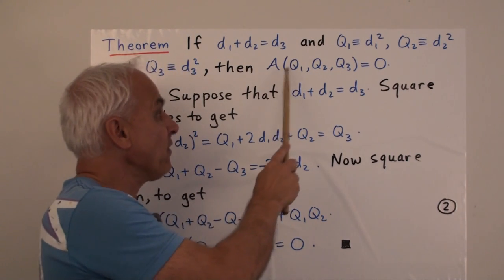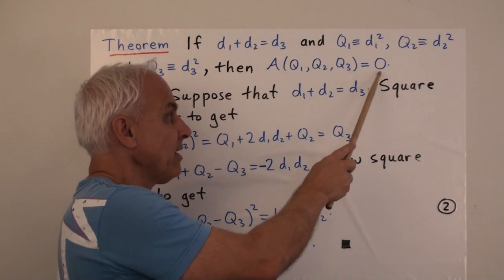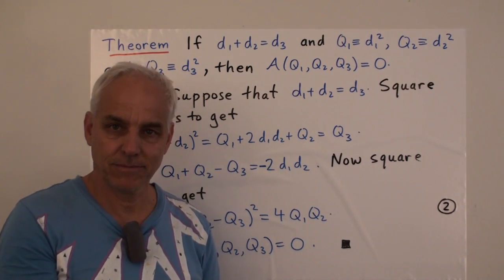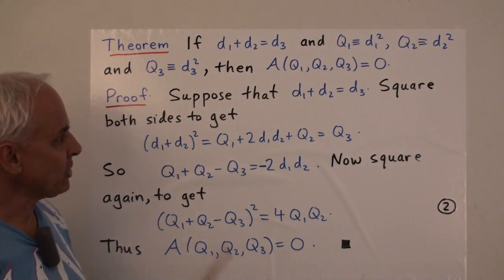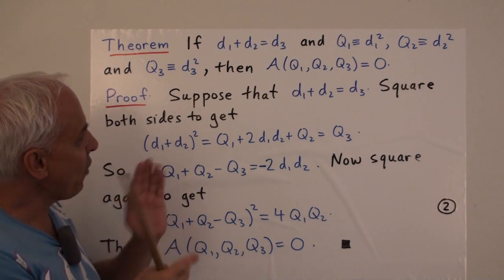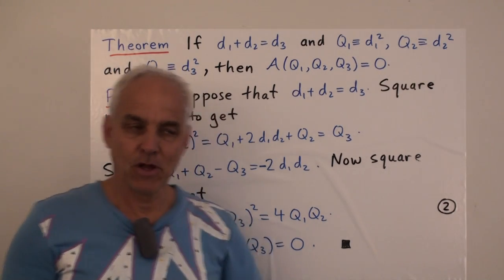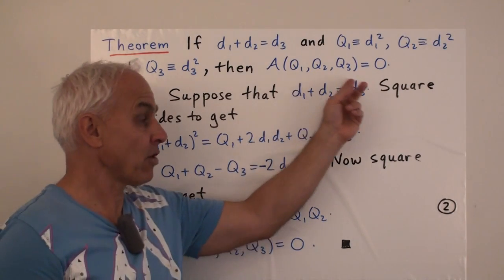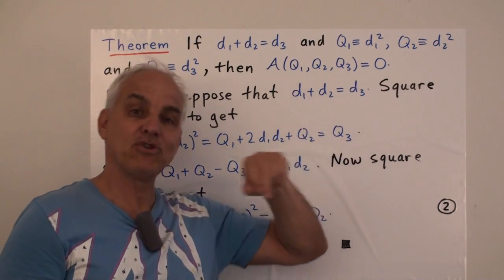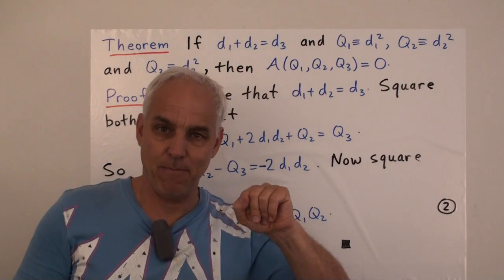Namely, A of Q1, Q2, Q3 is 0. So this is telling us how to go from a linear relationship between 3 numbers to a quadratic relationship between the squares of those 3 numbers.